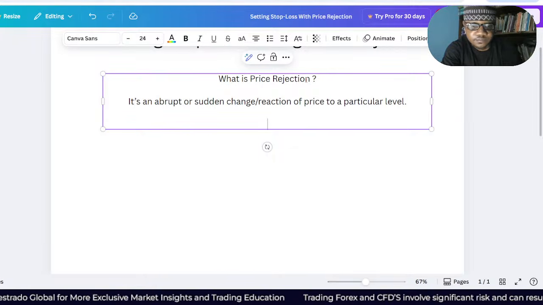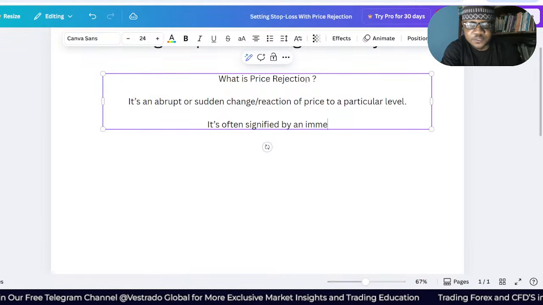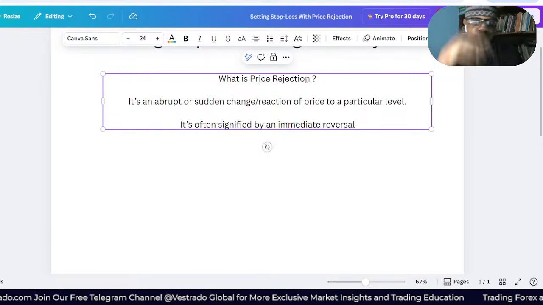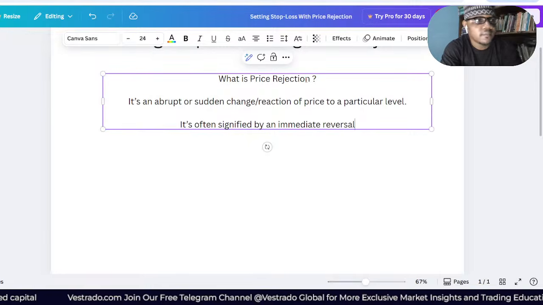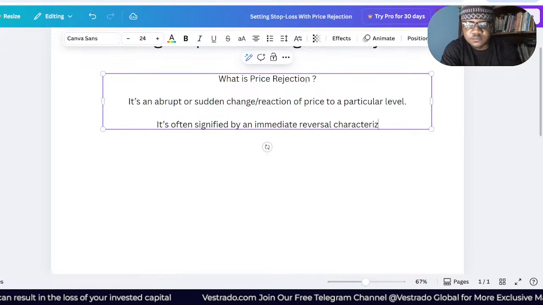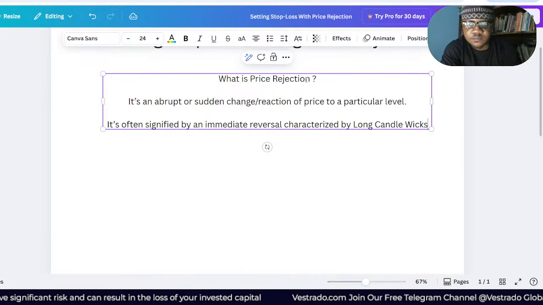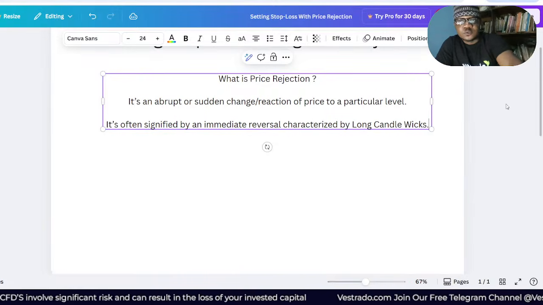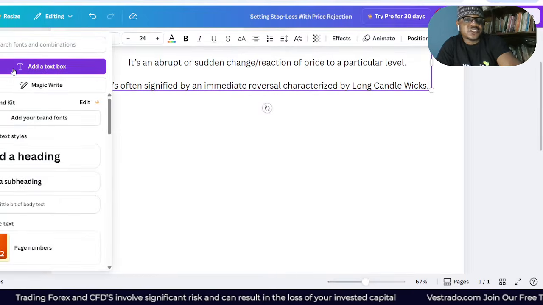It's often signified by an immediate reversal, characterized by long candle wicks. Yeah, this is a typical definition of price rejection, but price rejection can come in different ways.